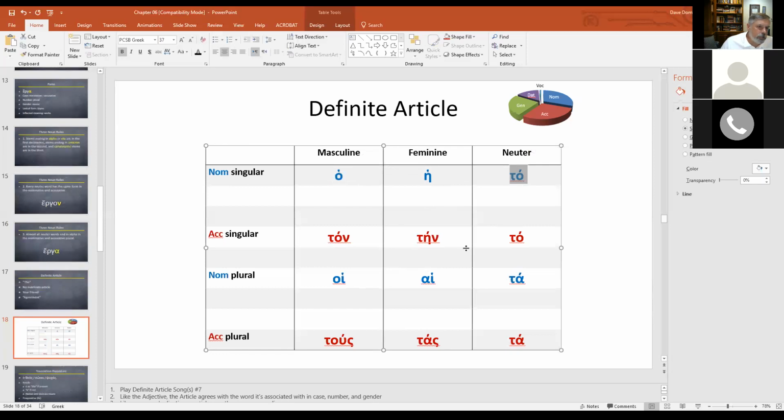So if you learn this, you actually see the same endings. Not quite the same, but this actually helps you to recognize the endings. There's the tous, the tas, and the ta. So the alpha sigma ending and the omicron upsilon sigma ending are the same thing as for the nouns, except in the article we put a tau in front of it, so it's tous, tas, ta.